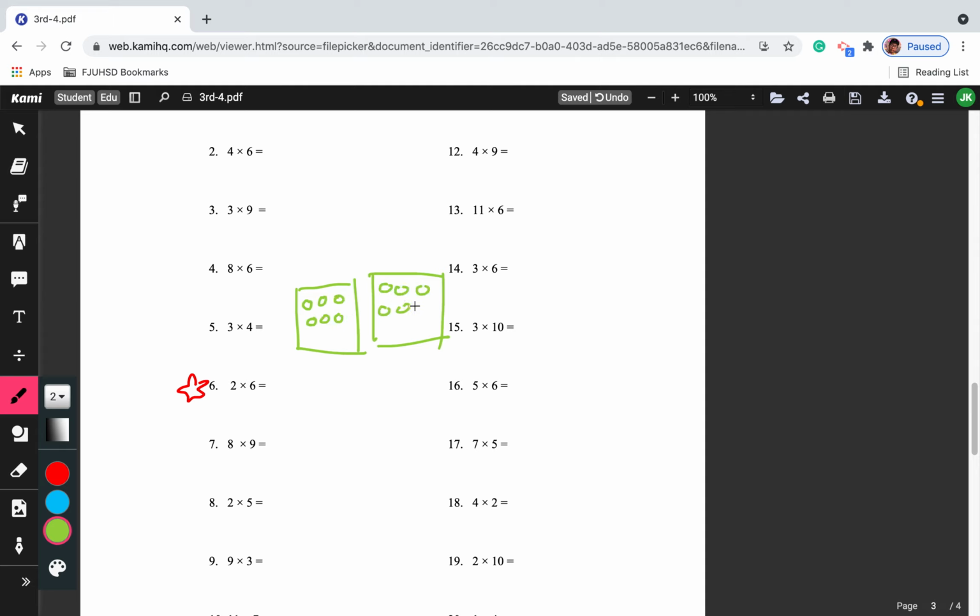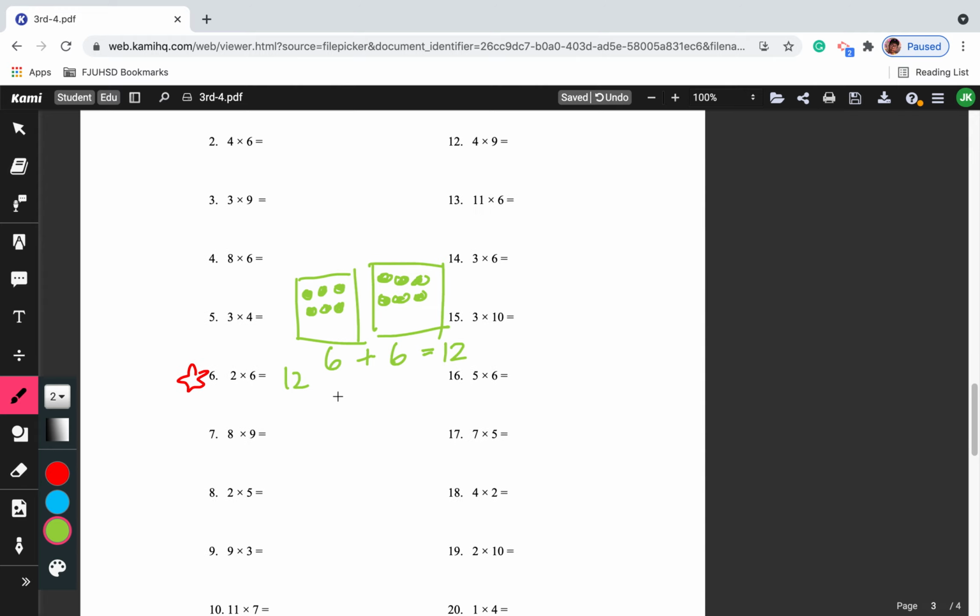I recommend putting the smaller number as the groups and the dots inside them as the larger number. So since 6 is larger than 2, I'm going to use 6 in each group. And this is basically 6 plus 6, which is 12. The answer is 12.